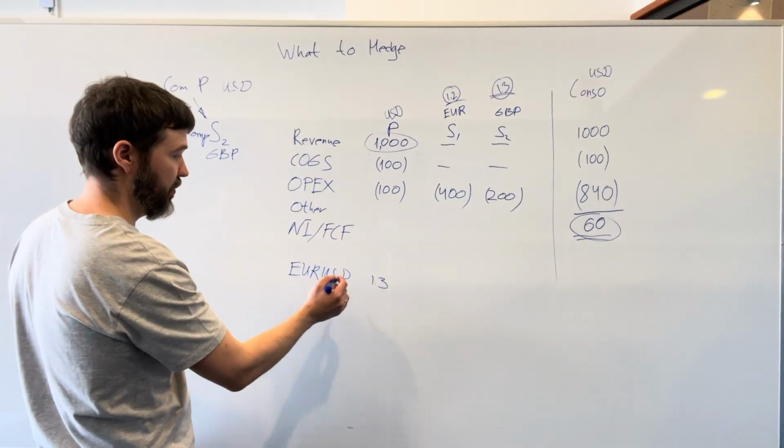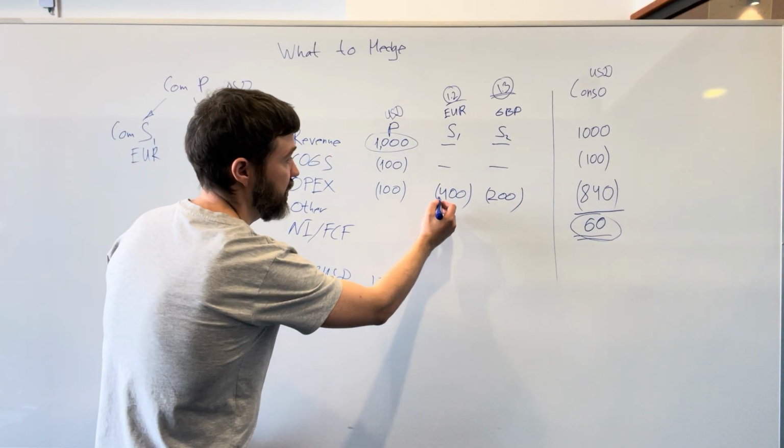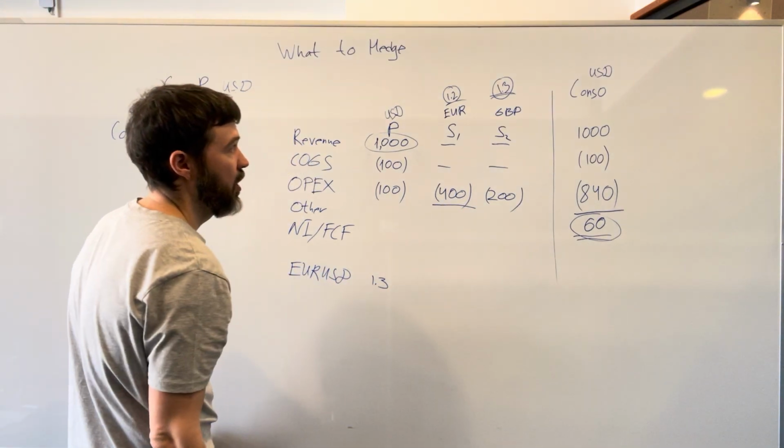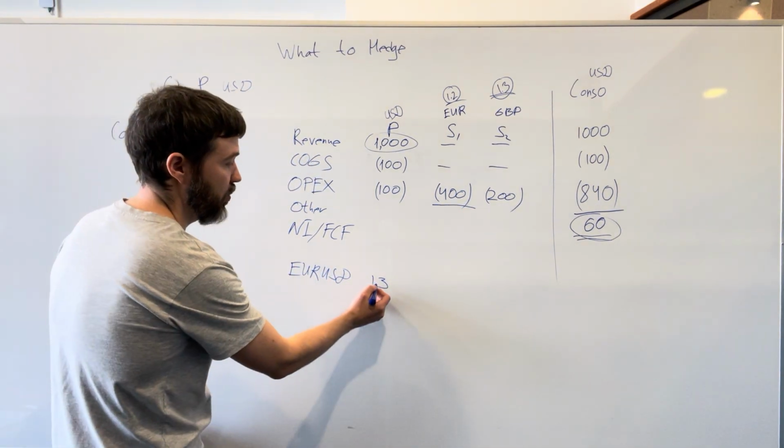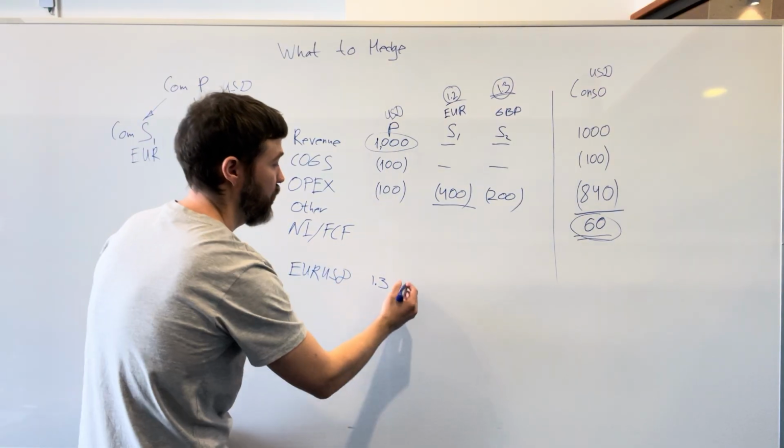What will happen if Euro-USD goes to 1.3? That means that your 400 should be translated at 1.3 rate instead of 1.2.